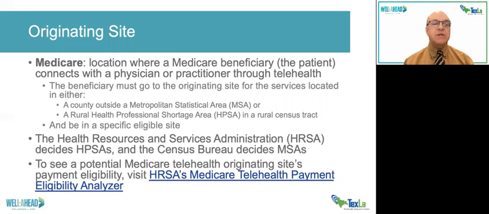The Health Resources and Services Administration basically was the group that would decide where an HPSA was, and the Census Bureau decided what an MSA was. And you can determine what your area is considered by going to this link on this website, where you can see HRSA's Medicare Telehealth Payment Eligibility Analyzer, okay? So you can go and determine that for yourself.